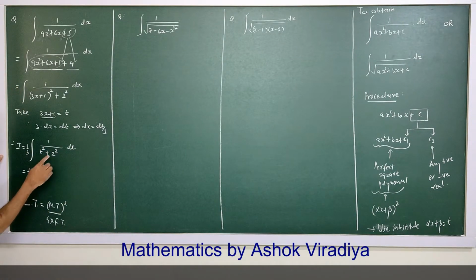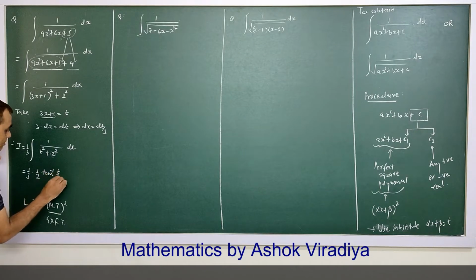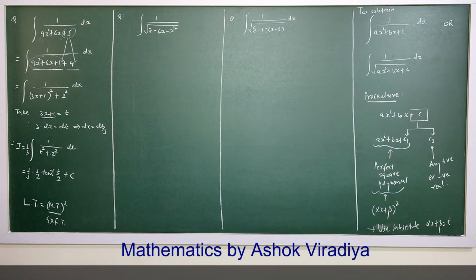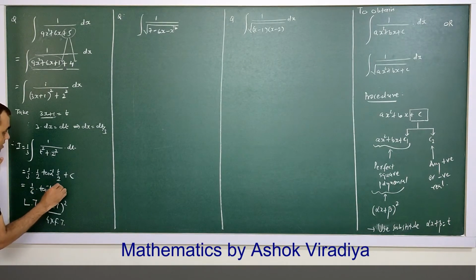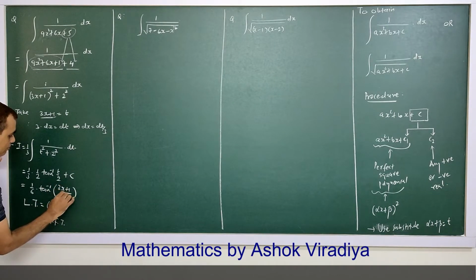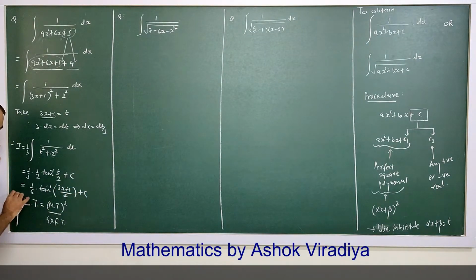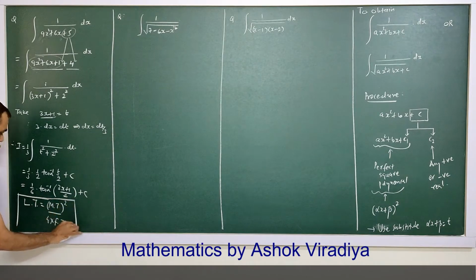So its integral is 1 upon a tan inverse x upon a plus c. Now the value of t, 3x plus 1. So that is 1 upon 6 tan inverse 3x plus 1 upon 2 plus c. So it is the required integral.